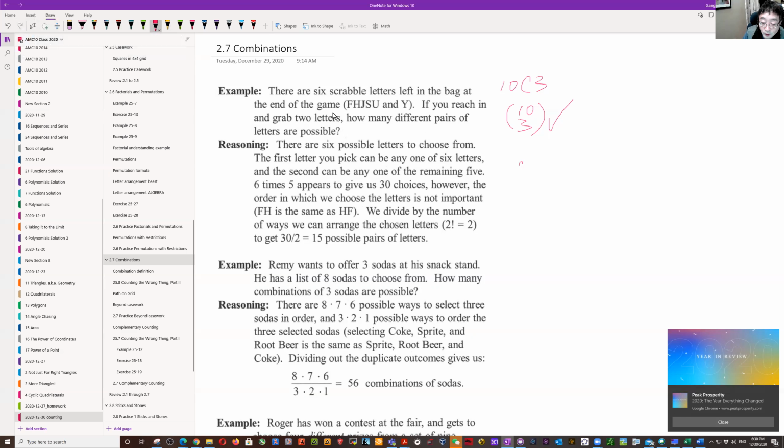We have 6 ways to choose the first letter, 5 ways to choose the second letter, and within the 2 chosen letters there are 2 ways of duplication. So we divide by 2 factorial.